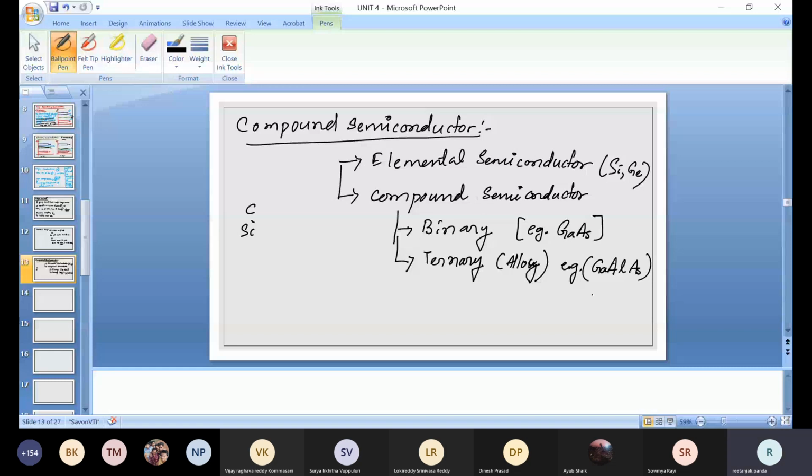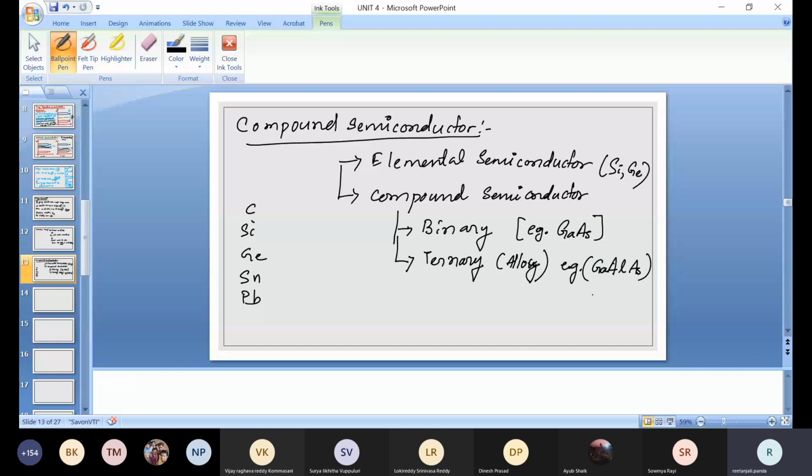Carbon, silicon, germanium, tin and lead. These are your fourth group elements, right?